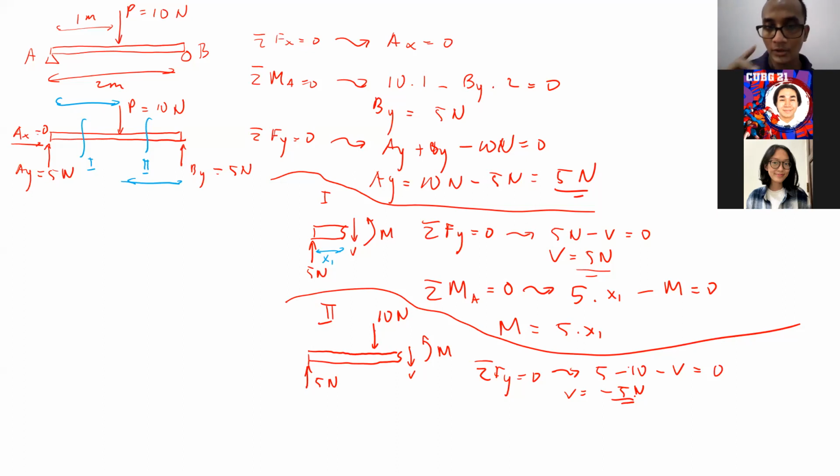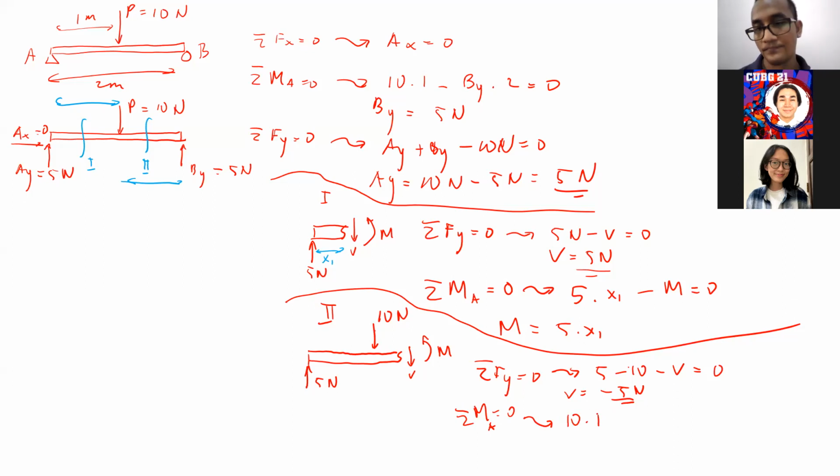Now, in order to find the internal moment M, we have to use sigma moment equal to 0. What will we have in this equation? As usual, just use the left edge: sigma moment at A equal to 0. I think it's 10 Newton times 1 meter.